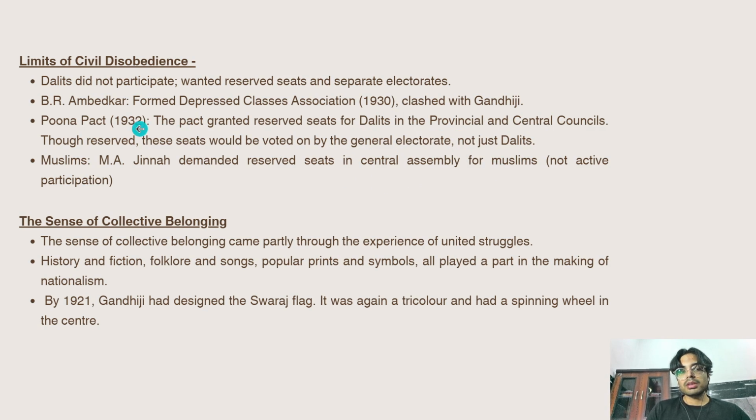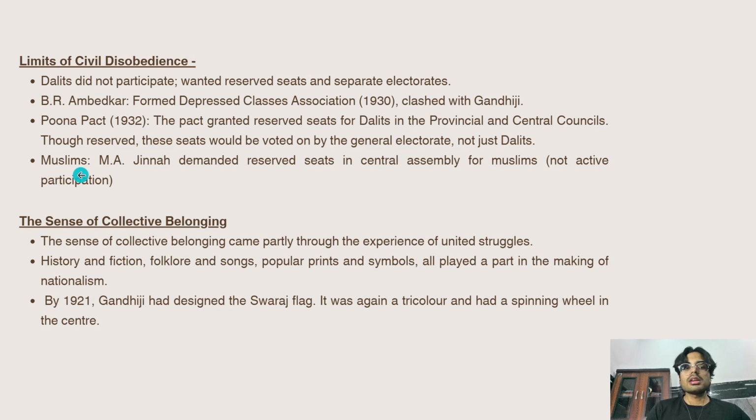So the general electorate will also vote, and Dalits will also vote. It was not that only Dalits were allowed to vote. Everyone was allowed to vote, but there were some reserved seats for Dalits.